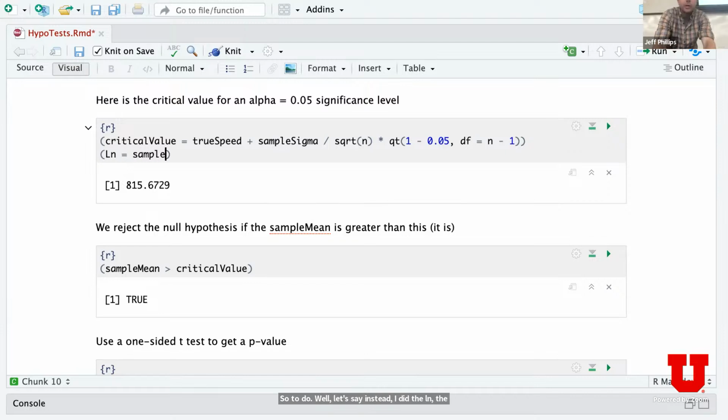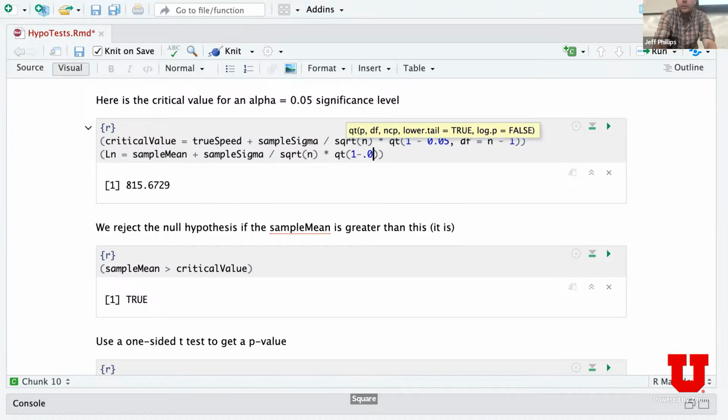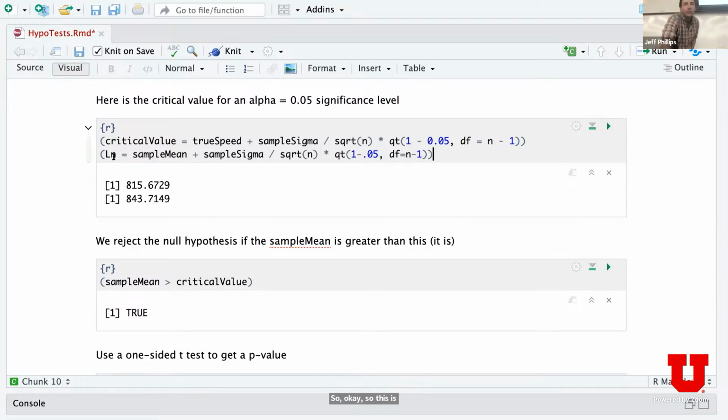This would be the sample mean, and now I can do the sample sigma divided by square root n times qt of 1 minus 0.05, with df equals n minus 1. So I want to do subtraction here. This is the left-hand side.